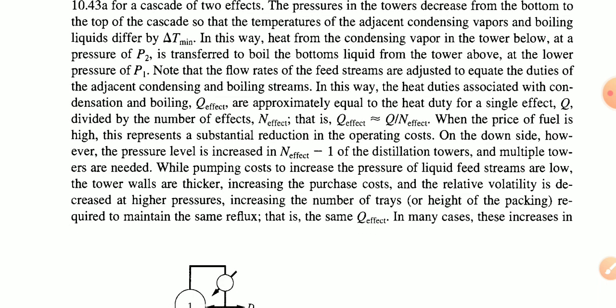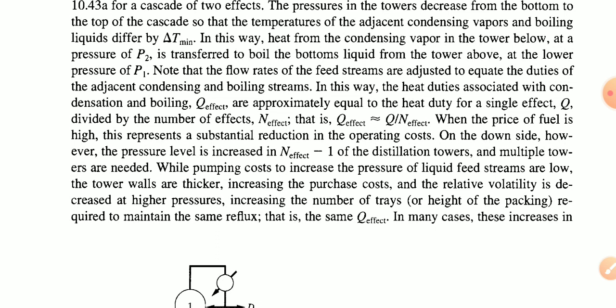Note that the flow rates of the feed streams are adjusted to equate the duties of the adjacent condensing and boiling streams. In this way, the heat duties associated with condensation and boiling, Q effect, are approximately equal to the heat duty for a single effect divided by the number of effects n. This is the Q effect, also Q by n effect.